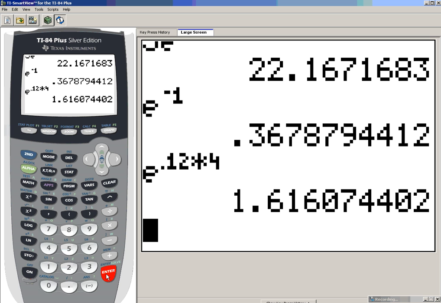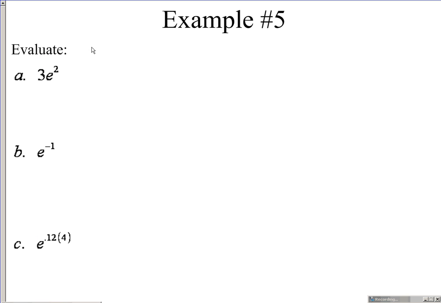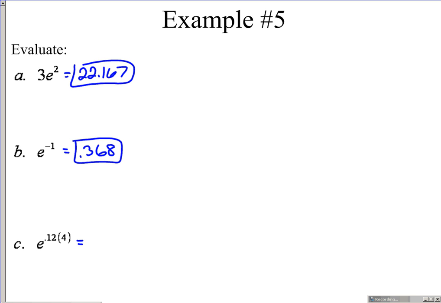So there's each of those 3 decimal approximations. Record each one of those. First one, 22.167. .368 and 1.616.